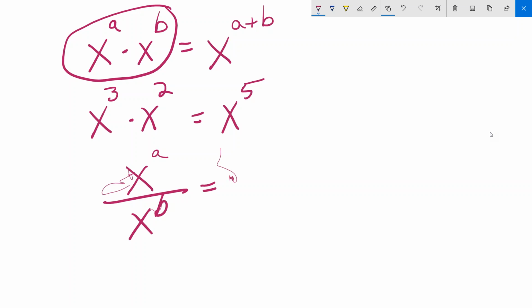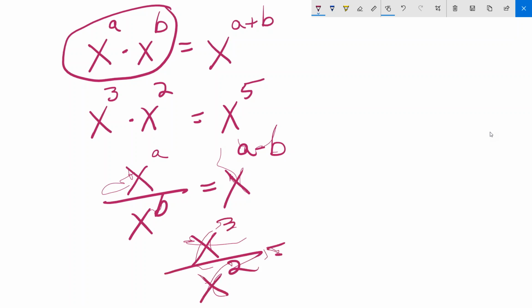Subtract. Remember that addition goes with multiplication, subtraction goes with division. So if I had x cubed divided by x squared, what would that be? X to the first. Yes, exactly.